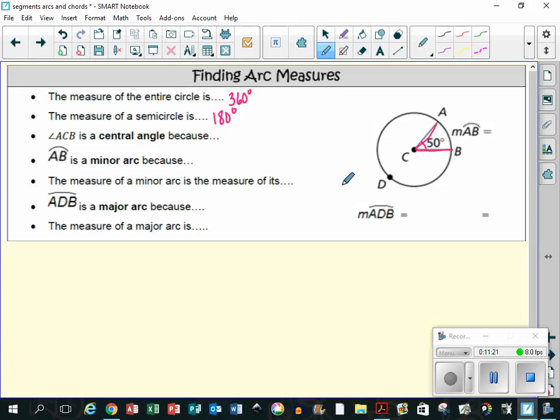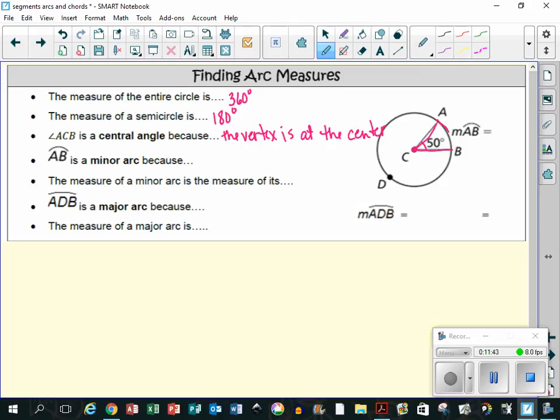So ACB is a central angle because the vertex is at the center. So that's what makes it a central angle, because the vertex is at the center.